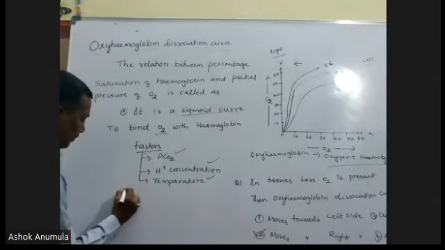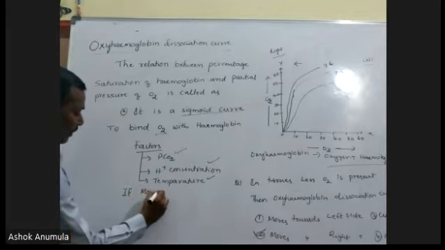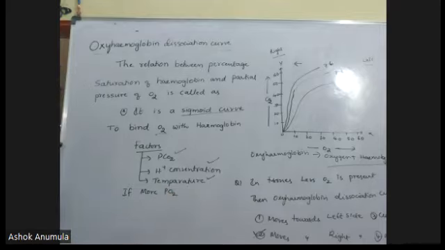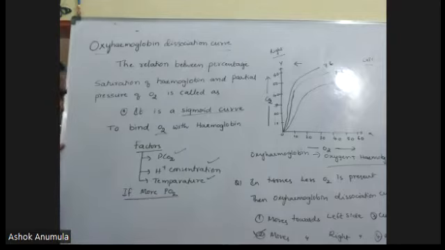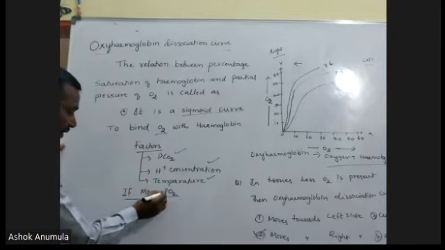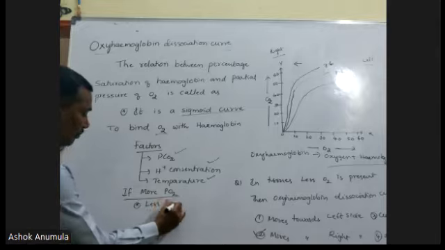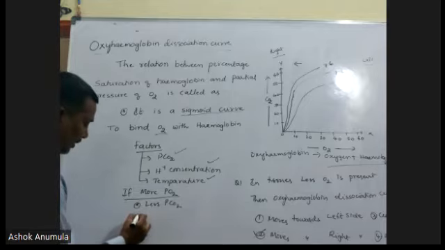If more PO2 is present, more partial pressure of oxygen is present, then less PCO2 is present, less concentration of carbon dioxide. Along with this less carbon dioxide, less temperature is present.